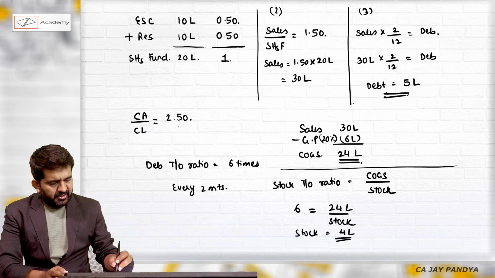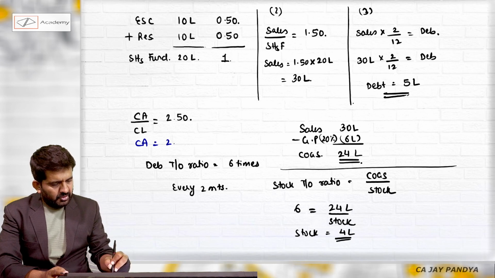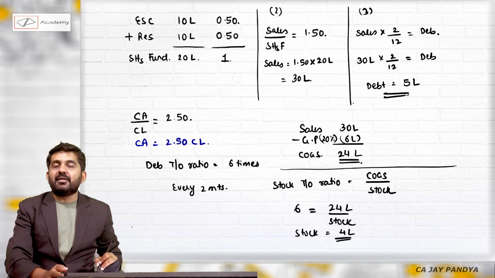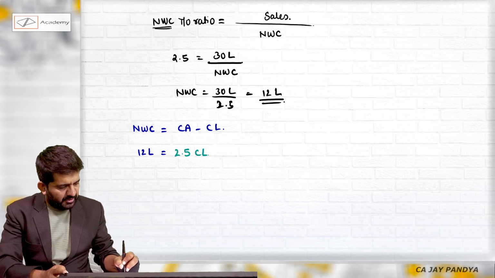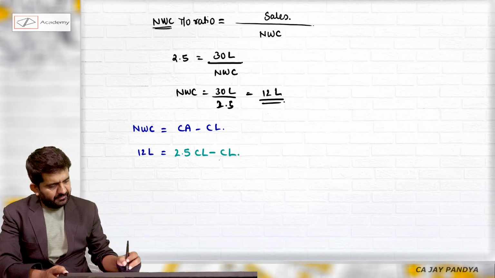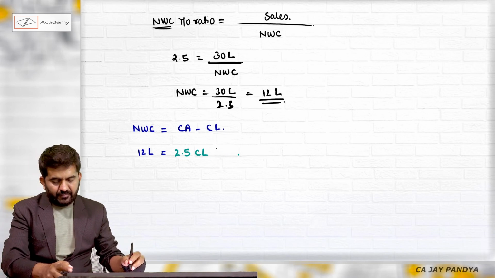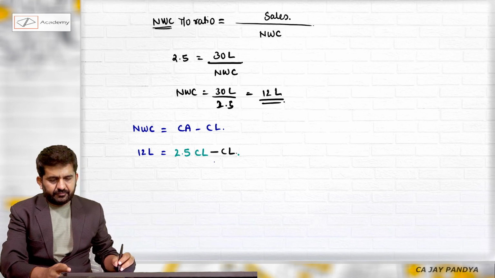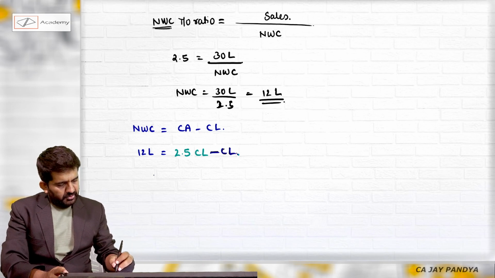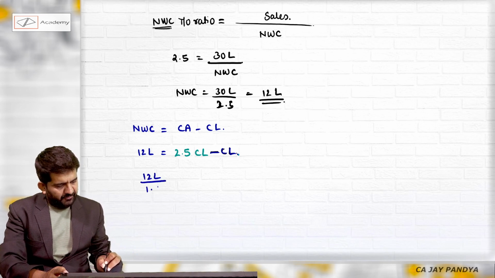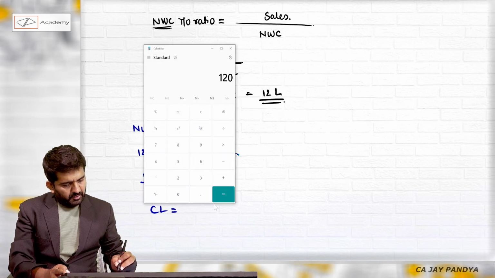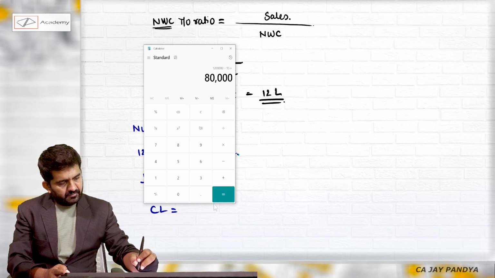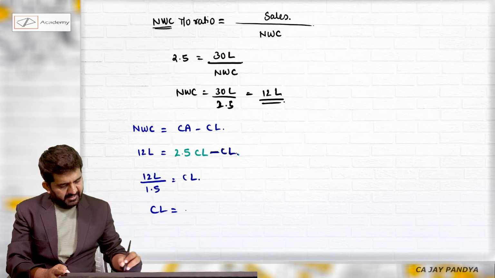We know current asset is 2.5 current liability, so I am writing 2.5 current liability minus current liability. This is 12 lakh divided by 1.5 is equal to current liability. 12 lakhs divided by 1.5 will be 8 lakhs.